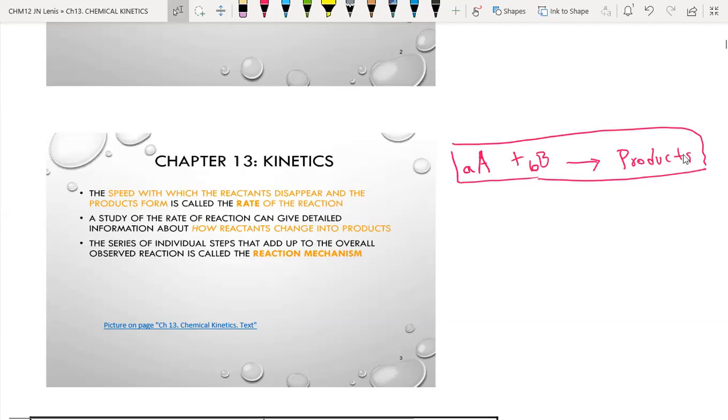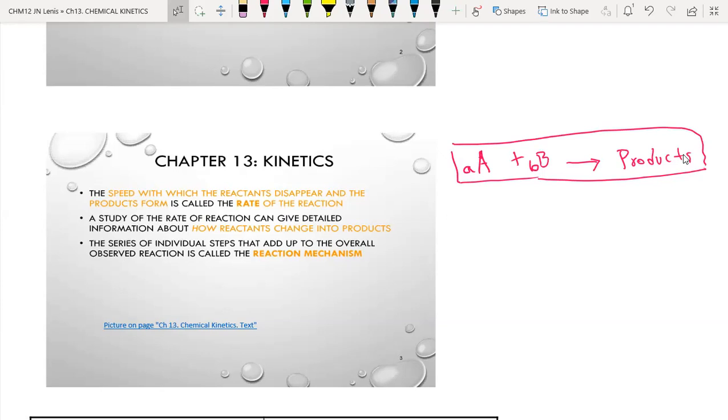A moles of A plus B moles of B to form products. Notice, intentionally, I haven't written the products like I did in the previous chapter.